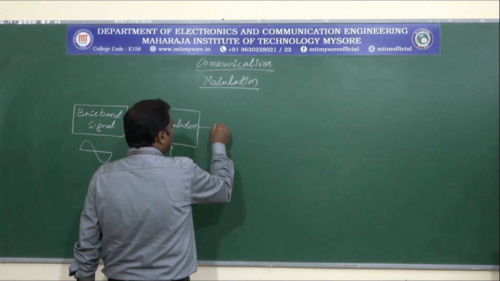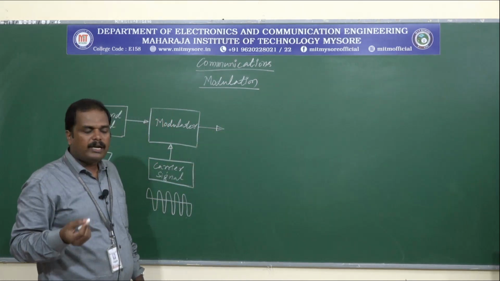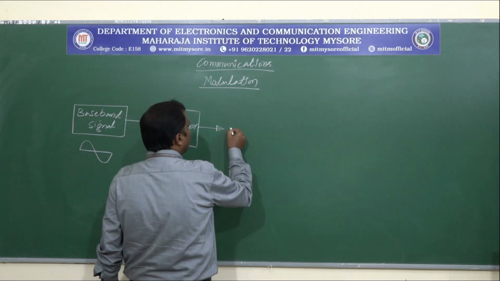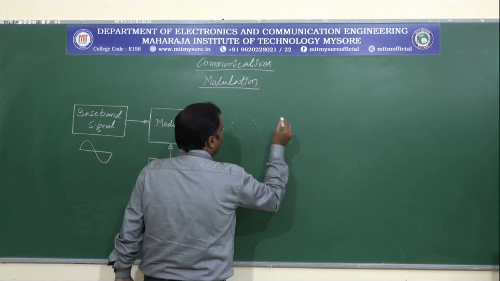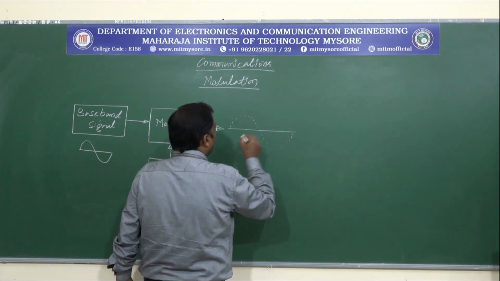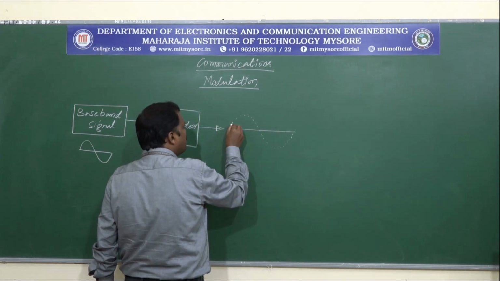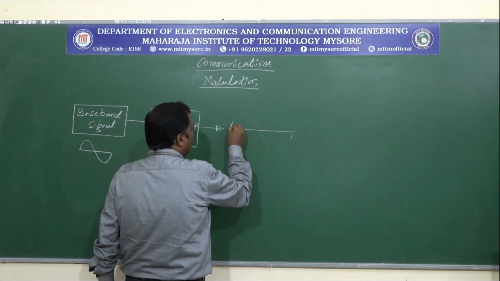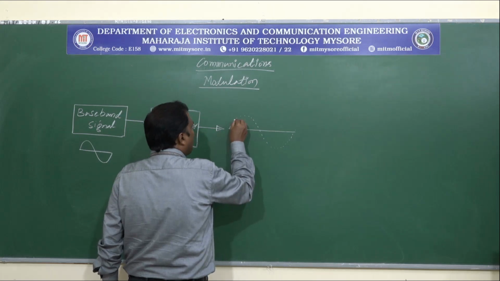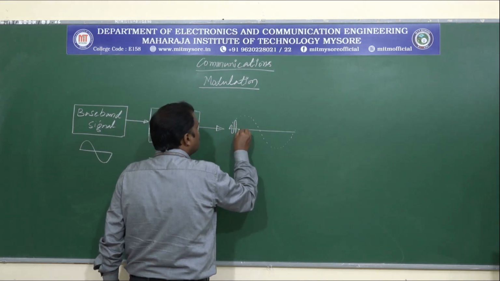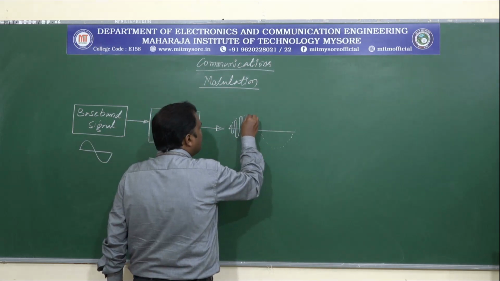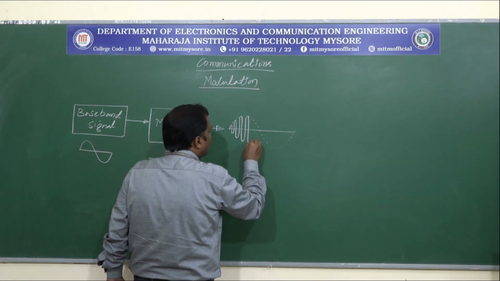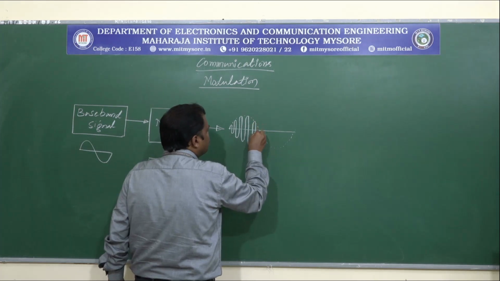So considering the amplitude modulated signal, this would look like this. If this is the base signal, the carrier signal value will be varied like this. The amplitude of the carrier signal will be varied according to the instantaneous value of the message signal.